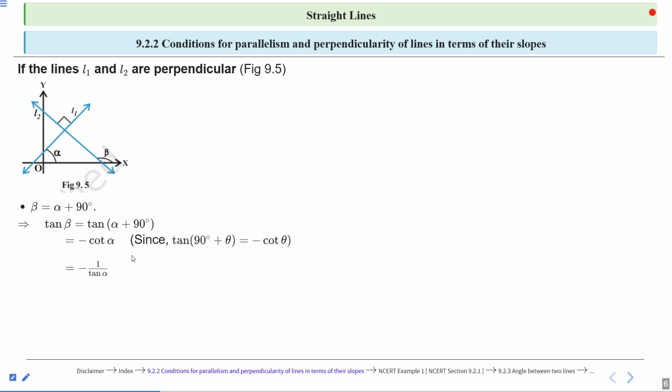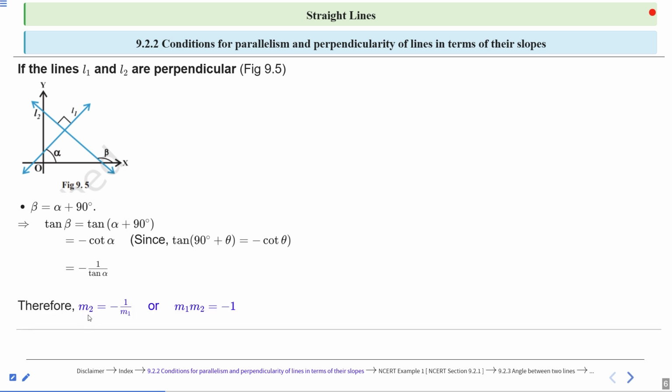And we know cot alpha is equal to 1 by tan alpha. Cot alpha is the reciprocal trigonometric function of tangent of alpha. So minus cot alpha is equal to minus 1 by tan alpha.